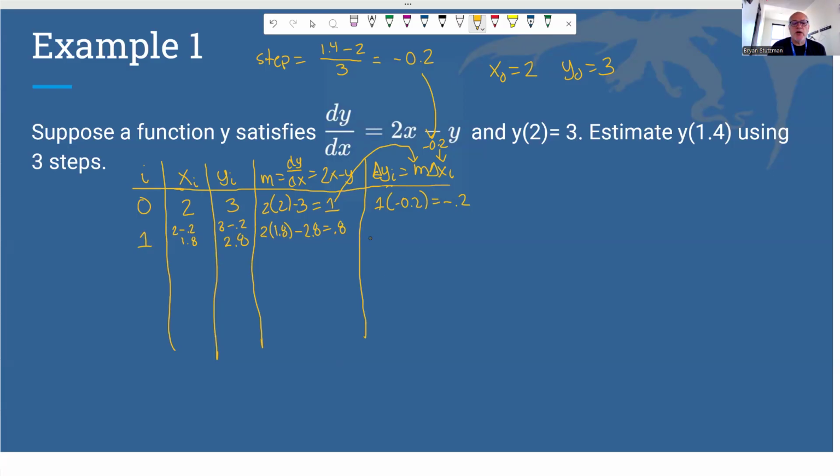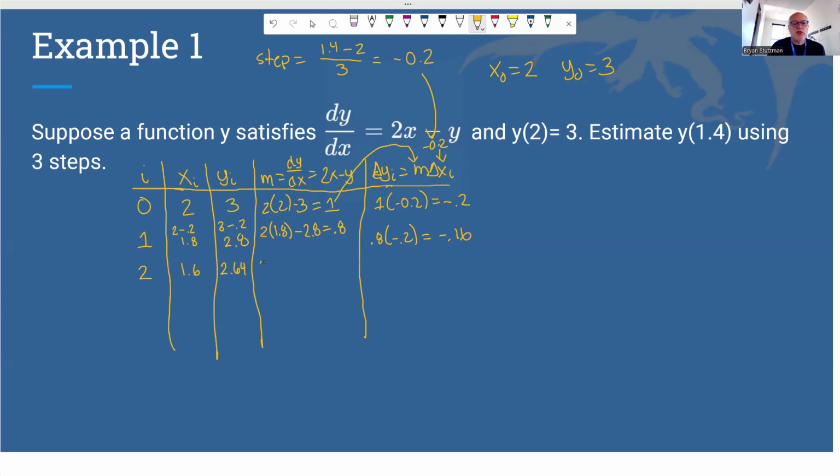And so my change in y will be 0.8 times negative 0.2, or negative 0.16. So at the next step, my x goes down by another 0.2. My y goes down by 0.16, to 2.64.